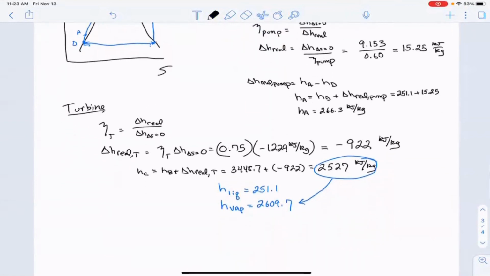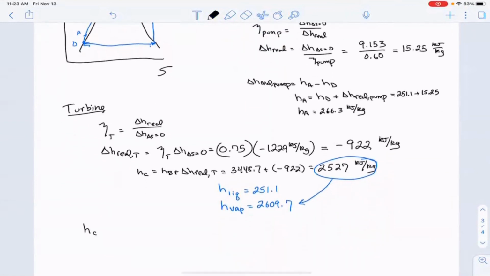Because we know that the enthalpy at C equals the fraction that's vapor times the enthalpy of saturated vapor plus 1 minus the fraction times the enthalpy of the liquid.